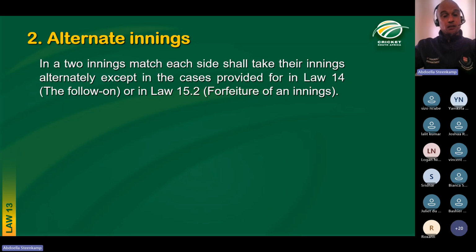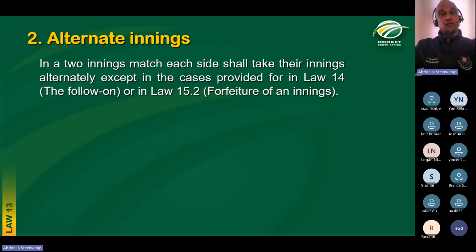In a two innings match, like our test match as an example, the law wants each side to take their innings alternately. There are two exceptions. We're going to get to those later this evening when I cover Law 14 and Law 15. But the law wants the innings to be taken alternately, meaning, let's say India is playing Sri Lanka in a test match.